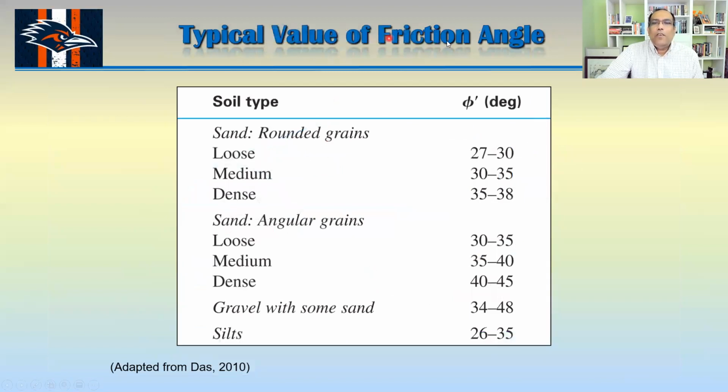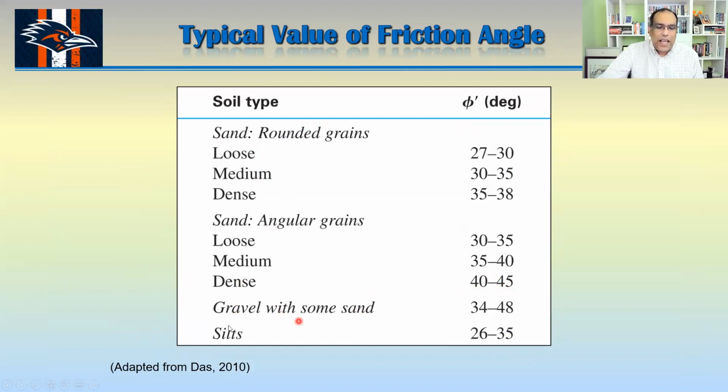Now, typical values of friction angle. You can see what type of soil you are talking about. These are the typical values for loose, medium, and dense rounded grain sand, which varies from 27 to 38. If these are angular grains, then it can go almost to 45 degrees.